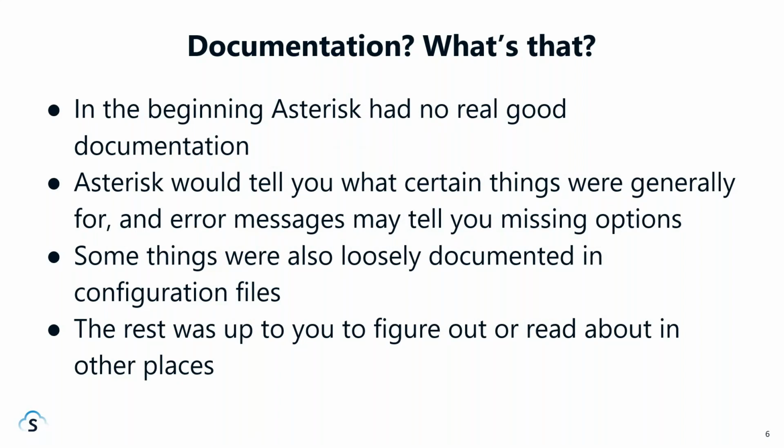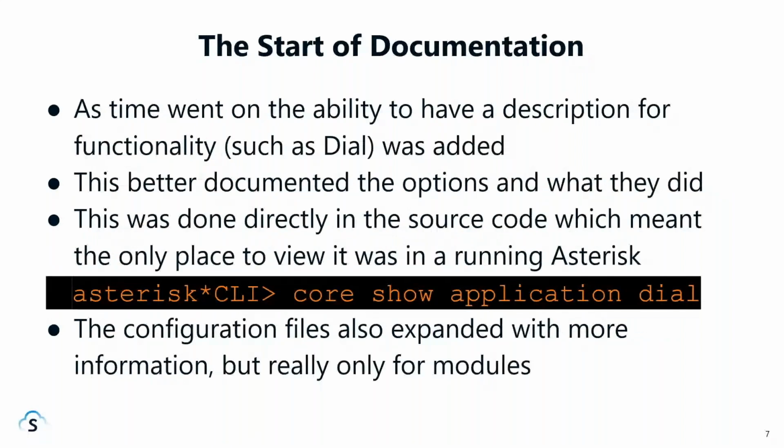So in the beginning, it was really up to everyone to figure out what to do with Asterisk, how to use it, to share information. So you'd also read about things in various places as well. So it was really the Wild West back then. As Asterisk as a project matured, documentation came into scope.